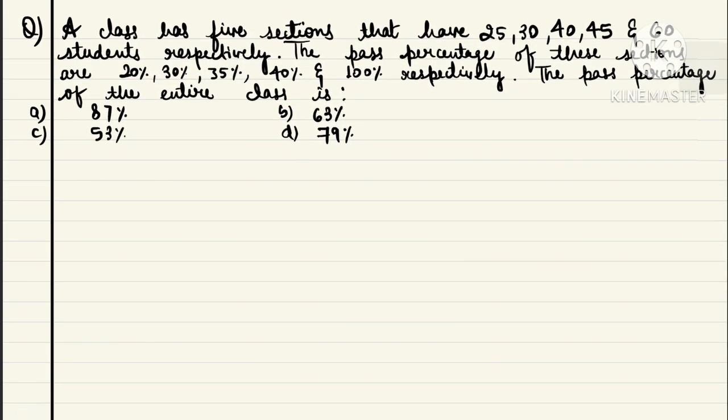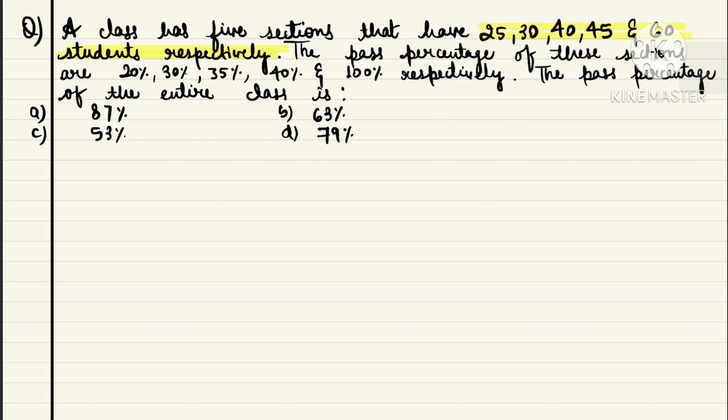Fine, so it's a very good question, so I need your full attention here. Let's read the question first. A class has 5 sections that have 25, 30, 40, 45 and 60 students respectively. In each section we have the respective number of students.